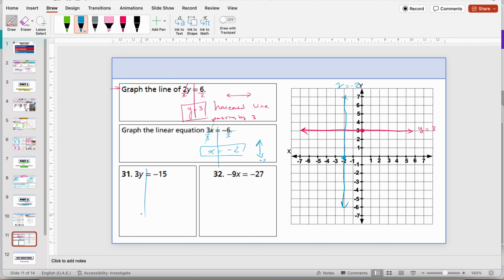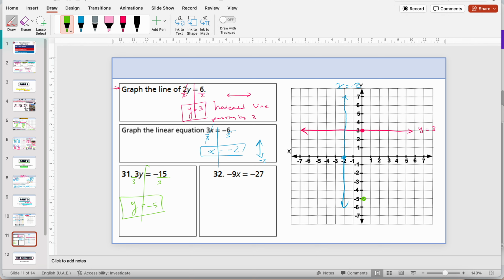Now here, divide by 3. The idea is very easy. It equals -5, since 15 divided by 3 is 5. So how can I do it? I wanted another color, so imagine that I found it with the green color. Y equals -5. On the y-axis, search for -5.